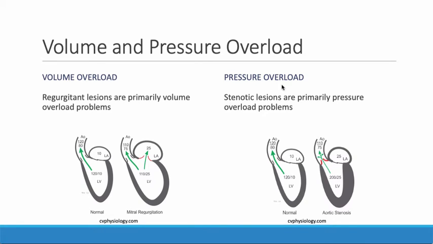Contrast that with a pressure overload problem that we see in stenotic lesions. So the classic example here is aortic stenosis, where there's a pressure gradient between the aorta and the LV. And the pressure in the left ventricle, because there's hypertrophy that happens here, remember, pressure overload problems, the cellular adaptation is hypertrophy.